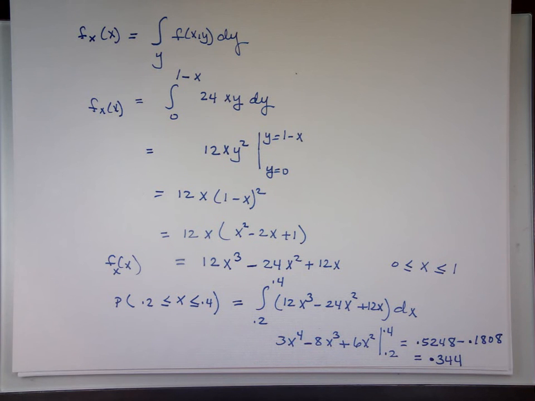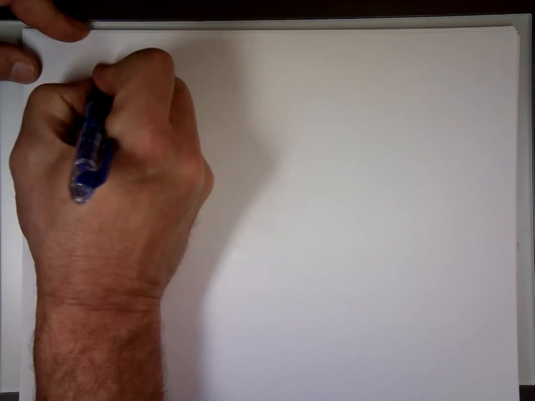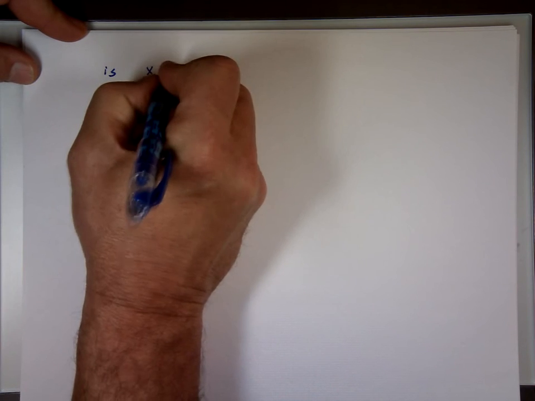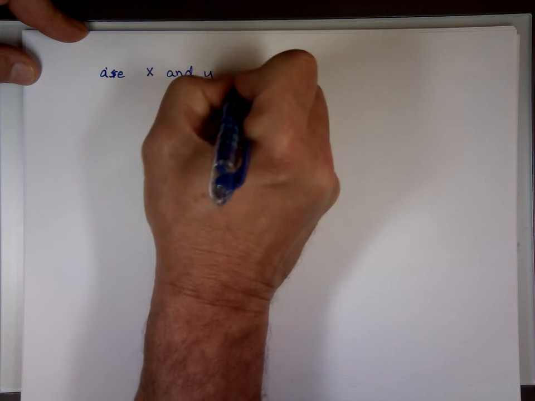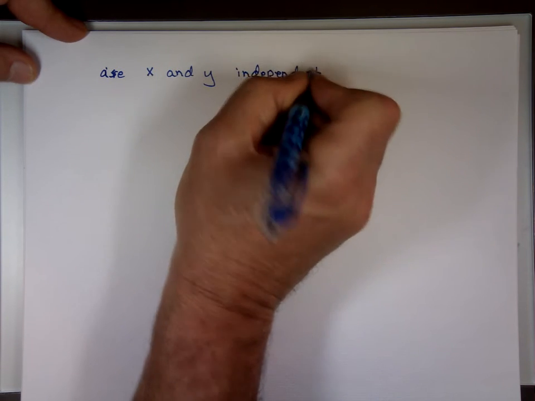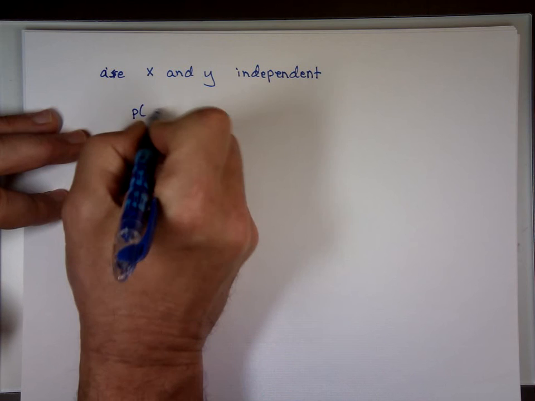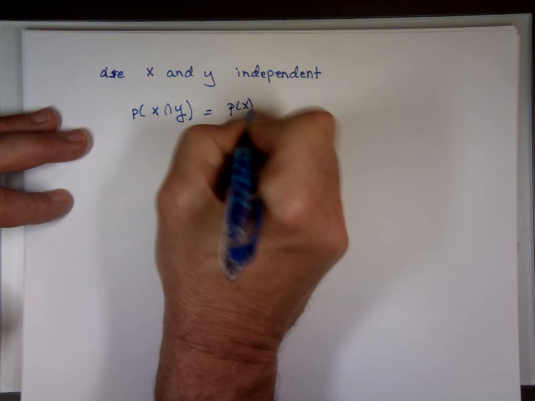Now the next thing, one more topic here. I'm going to give you some homework today. We might ask you the question, are X and Y independent? The only way to prove that, if you remember, is that the probability of X and Y when they are independent has to be the probability of X times the probability of Y. Well, that still applies to us here.